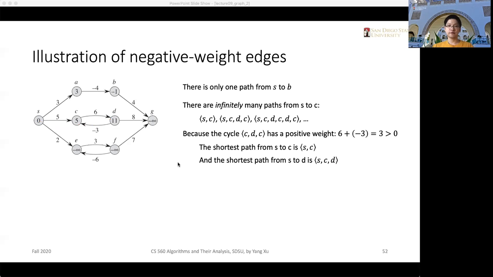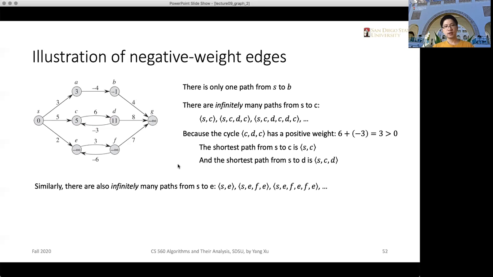But things are different if we look at the second cycle, the bottom path. Similarly, between S and E, we can have infinitely many paths, like S to E, and then S, E, F, E. But this time, the cycle from E to F costs you 3, and from F to E costs you -6, which means the total is negative, -3.